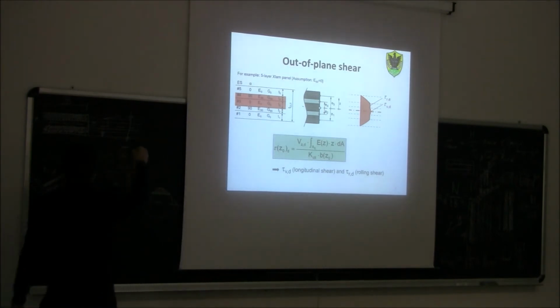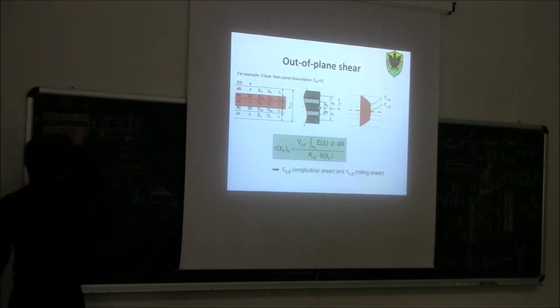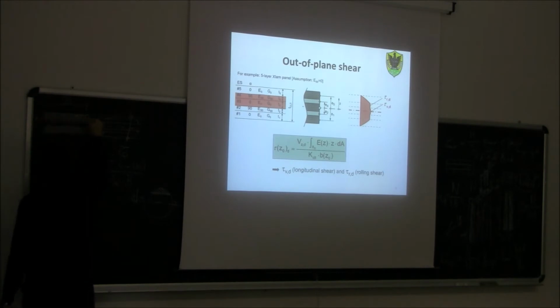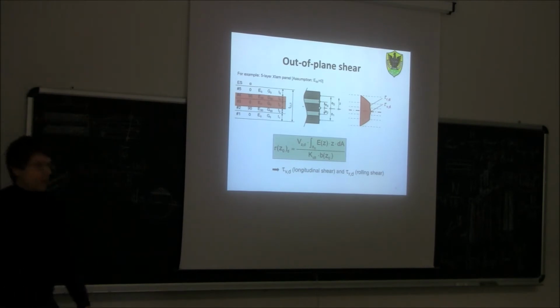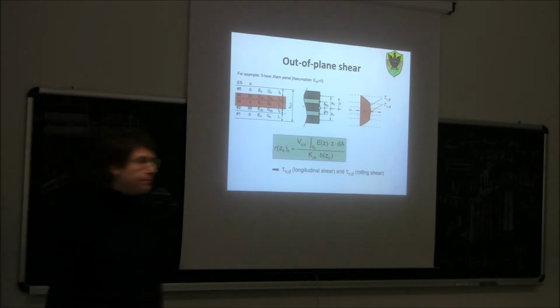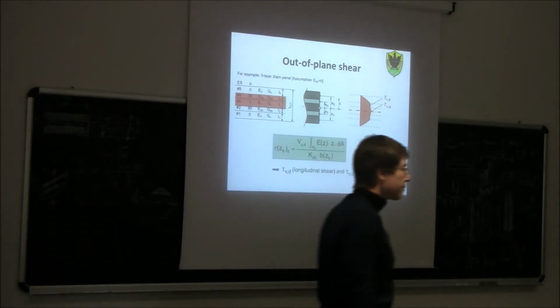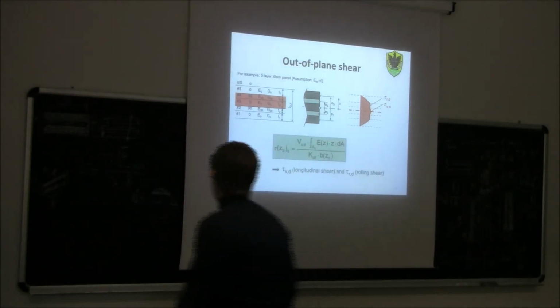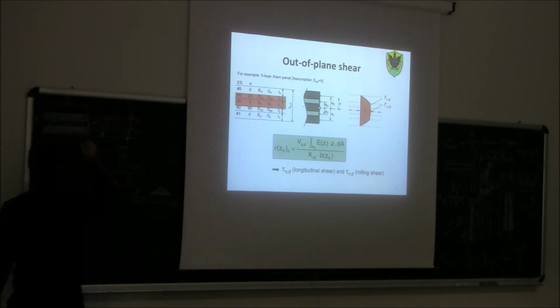So I will have something like this. Then when I go below, inside the gap between the resisting layers, how is the first moment of area going to change if I consider some fibers here?